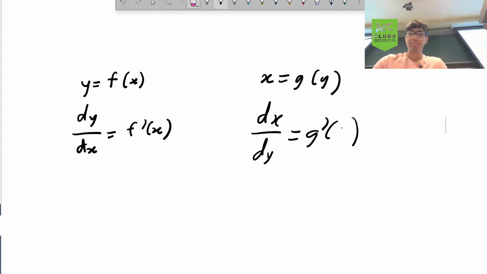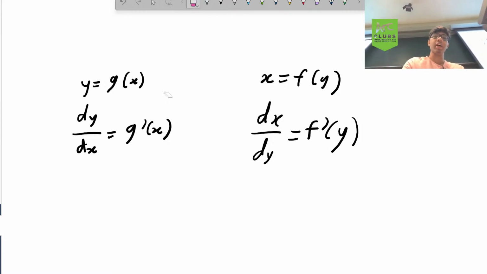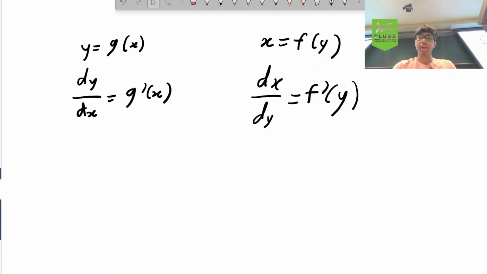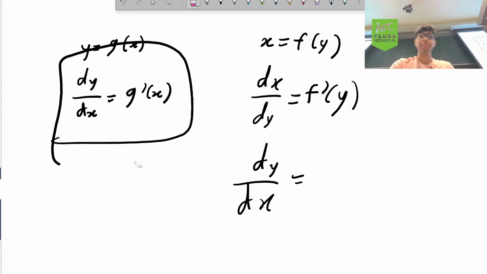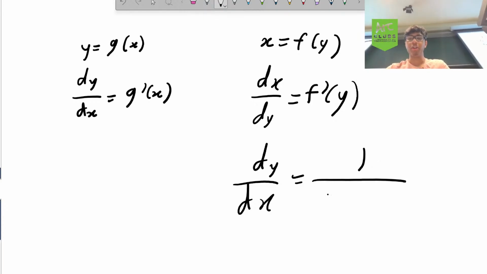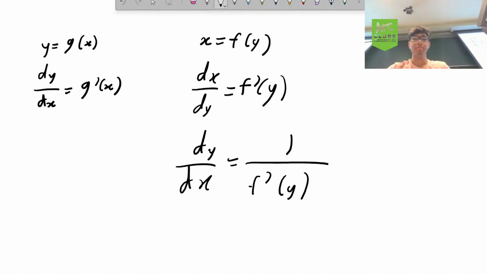I think I've written these with different letters, so I'll flip these, sorry. So y is g(x), dy/dx is g'(x), x equals f(y), dx/dy is f'(y). So I know that dy/dx, which is what I'm trying to find, equals 1 on f'(y), and I can just sub this in again.